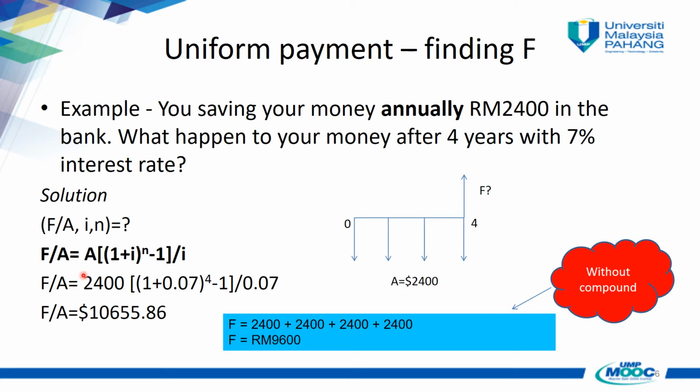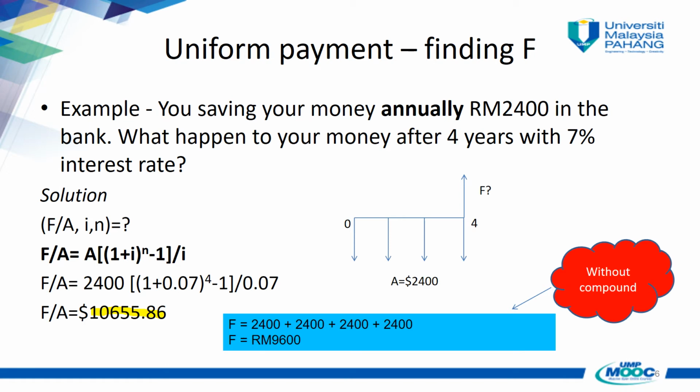So finding F when we know the A, 2,400 ringgit, multiplied by (1 plus 0.07, which comes from our 7% interest rate, to the power of 4 years, minus 1), divided by 0.07. We will see that our future value will become 10,655 ringgit.